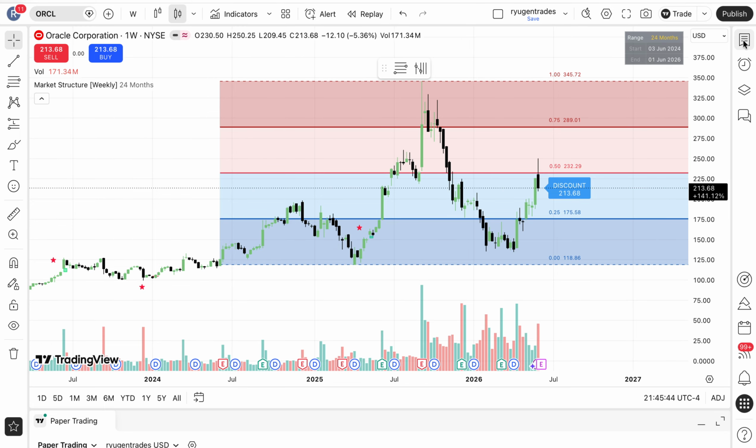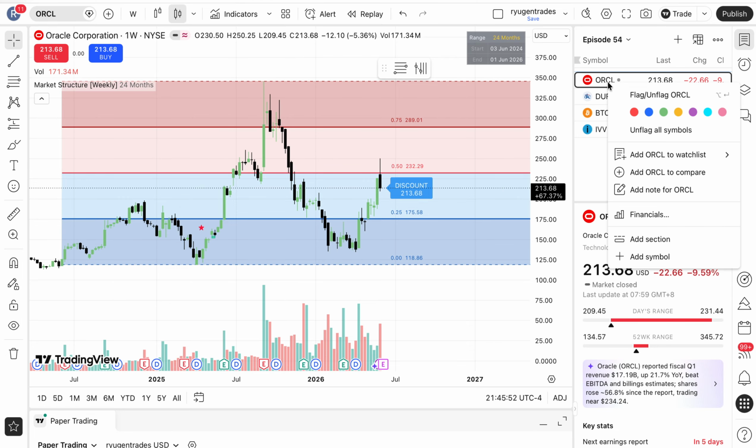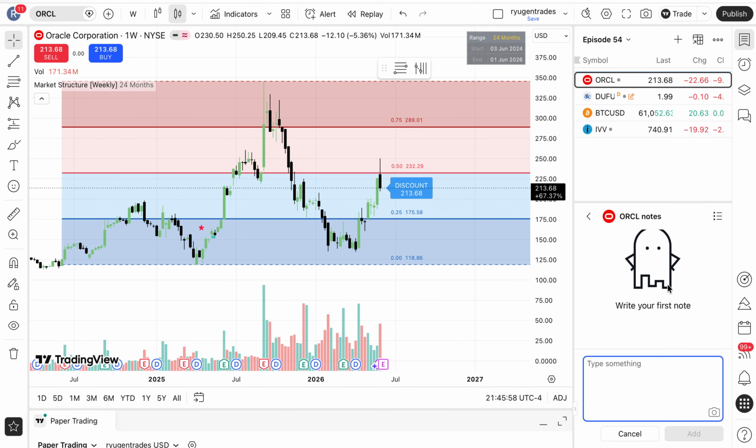Now I talked about notes. So if you are trading Oracle, for example, if you do a right click and you click on this add note for Oracle, you can start writing your journal.